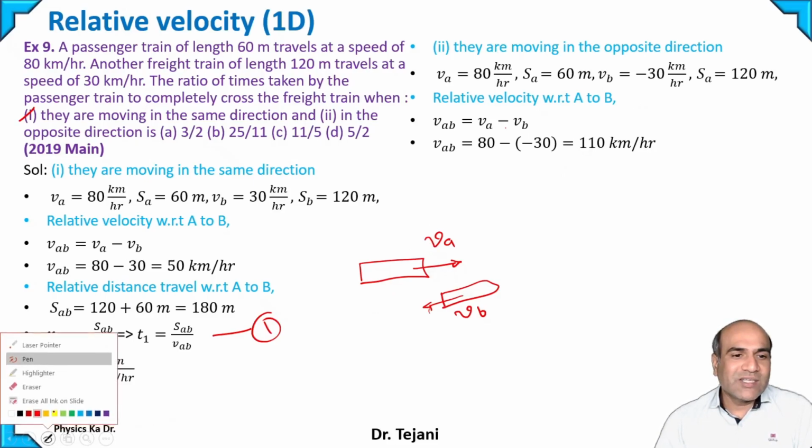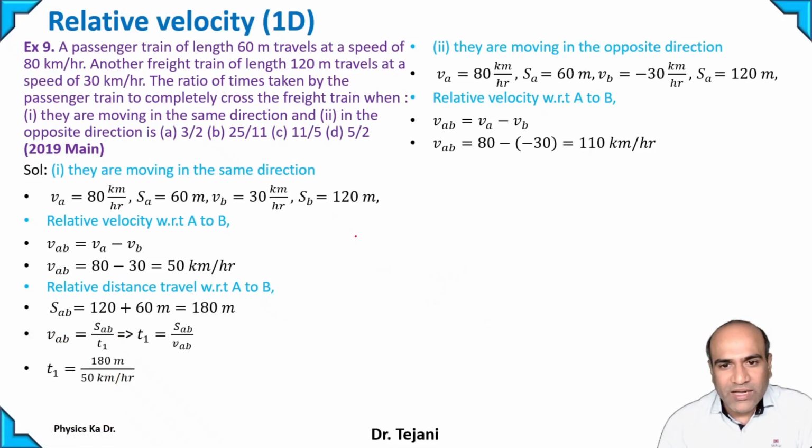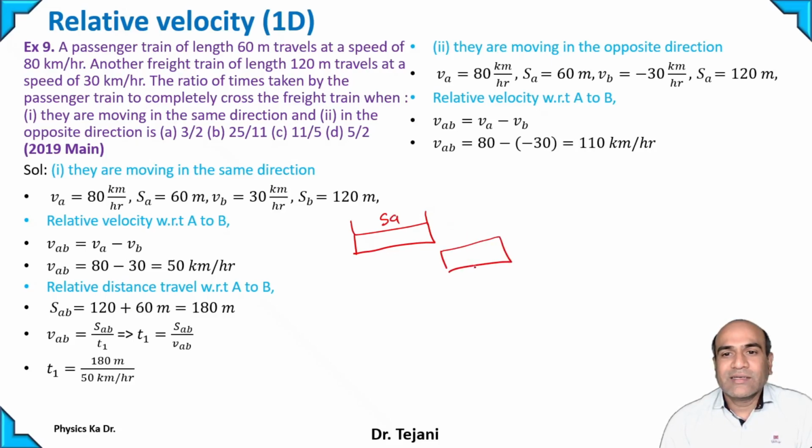And what is the distance to travel? If we talk about the distance traveled again, this train is moving a distance SA and the other a distance SB. For a complete crossing, this entire region has to be crossed. That means the total distance becomes SA plus SB.